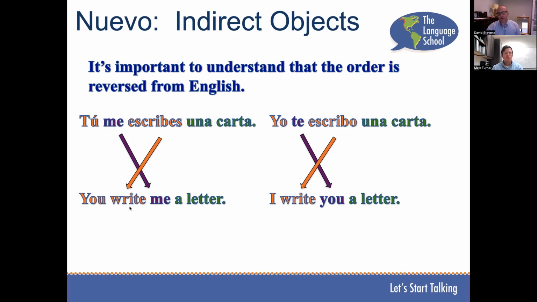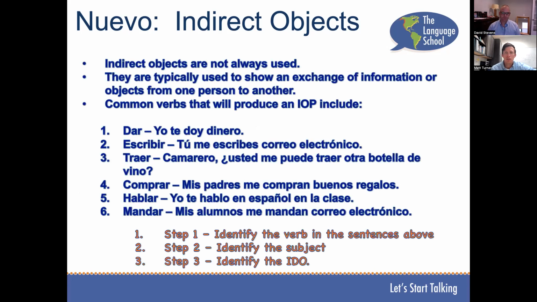We would say that backwards: you write me a letter. We typically put that indirect object pronoun after the verb. In Spanish, it would normally come before the verb. Yo te escribo una carta. I write you a letter. Does that make sense? Yeah.